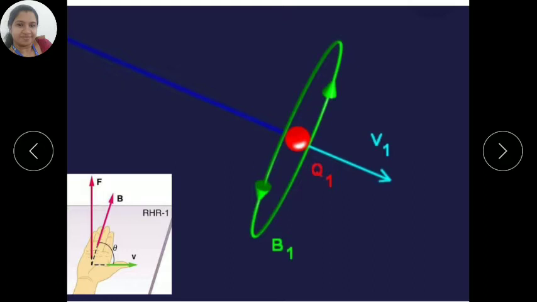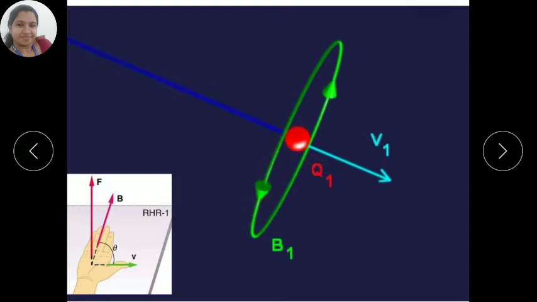If a second charge is brought near to this first one, due to the presence of this field, a magnetic force is exerted on the second charge. The direction of that force is perpendicular to the direction of this magnetic field.